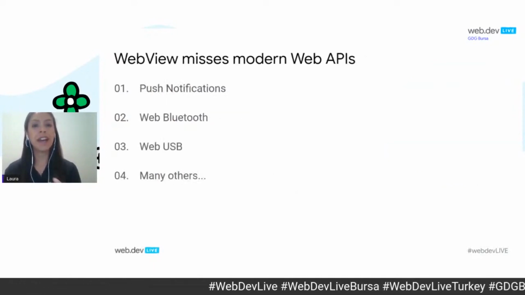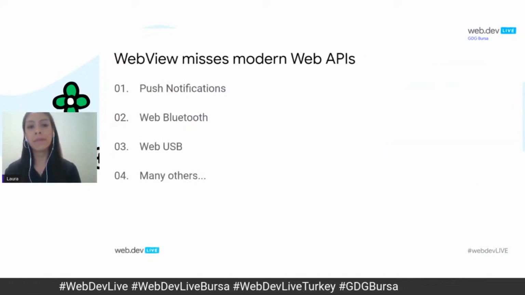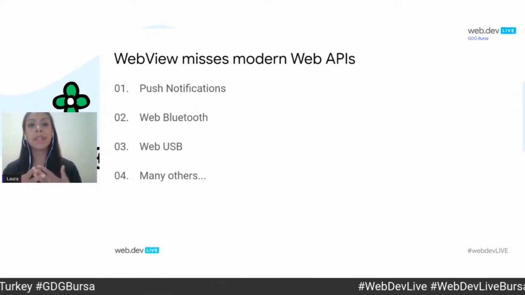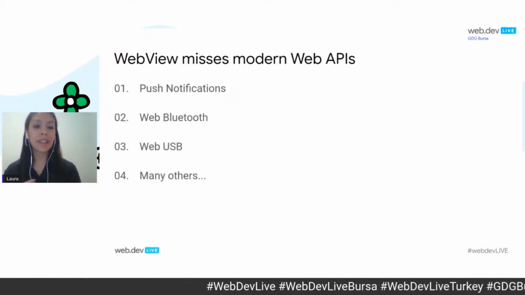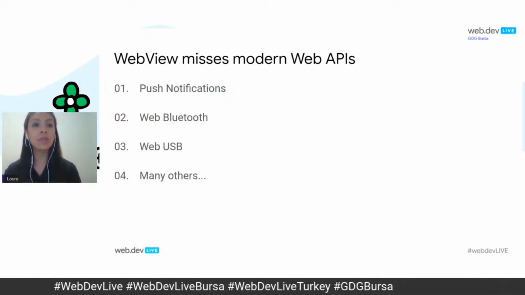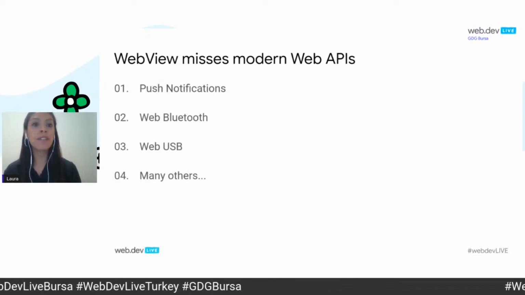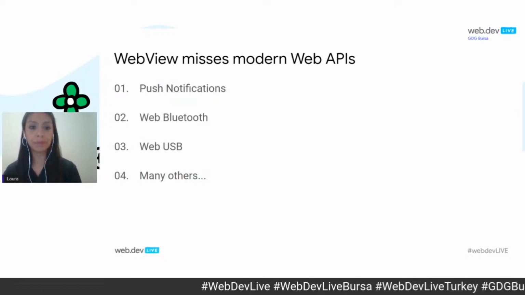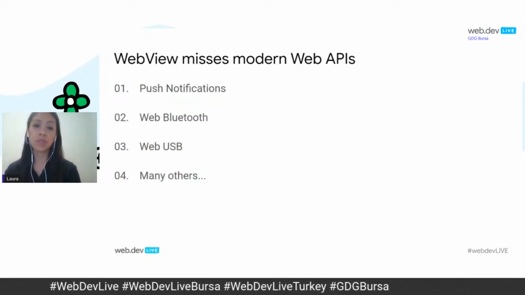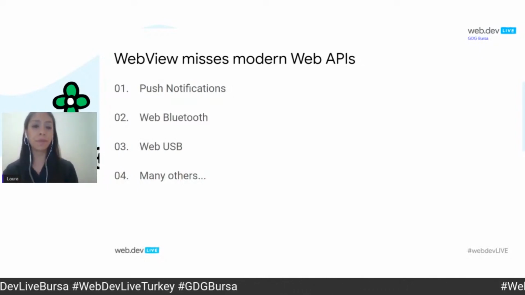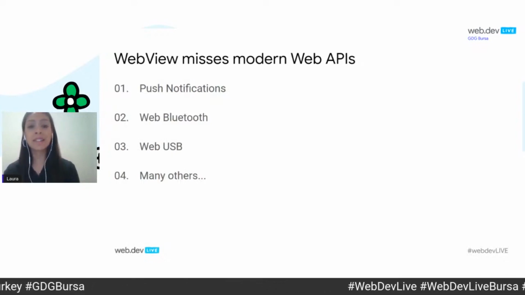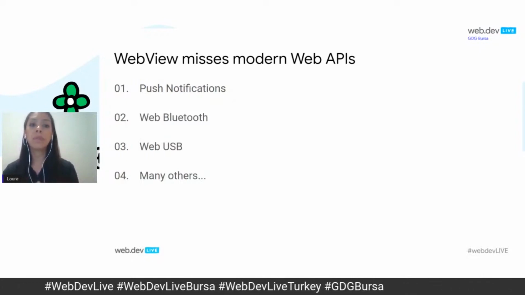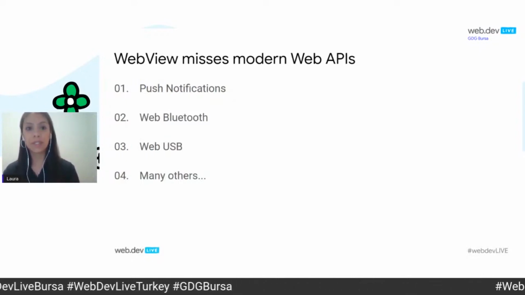Another thing that we have to remember: why is everybody talking about PWAs now? Because currently browsers have the ability to actually use modern web APIs, for example, things related to the hardware. Before, we were not able to use Bluetooth, USB, and others with our device. And another cool thing that we can do right now with PWAs is push notifications.